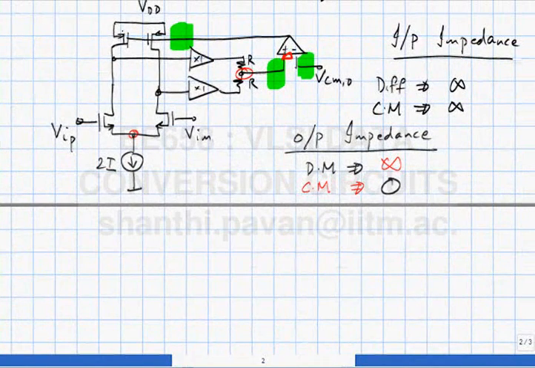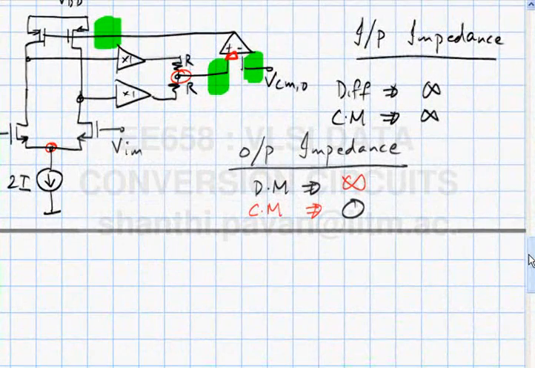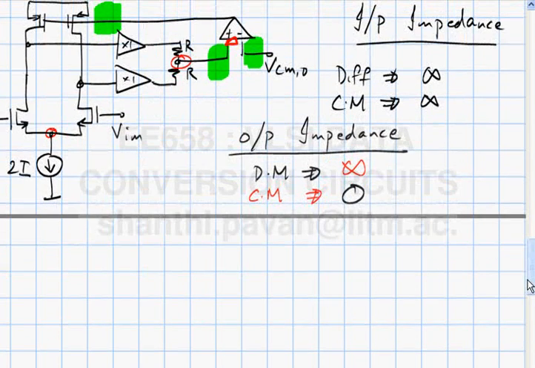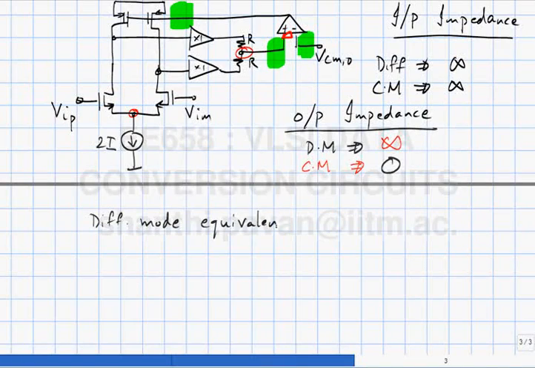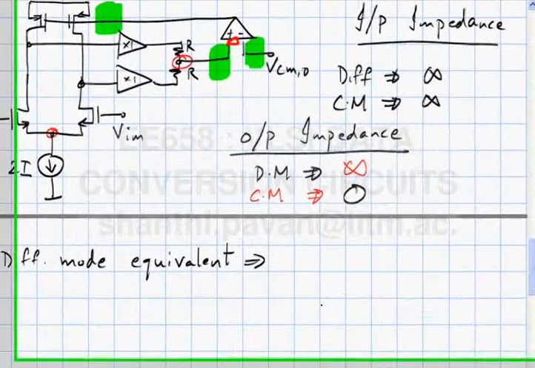So for differential signals, it's an open circuit, but for common mode signals, it's a short circuit. So as far as the differential mode equivalent circuit is concerned, one thing you notice with this op-amp is that the differential mode equivalent circuit... I will draw only the half circuit.